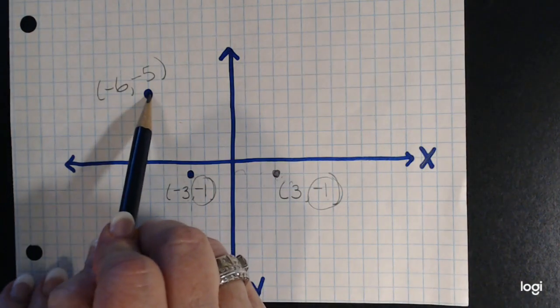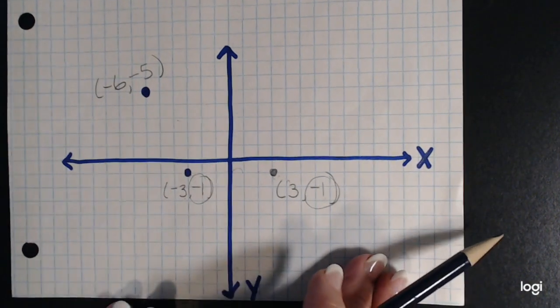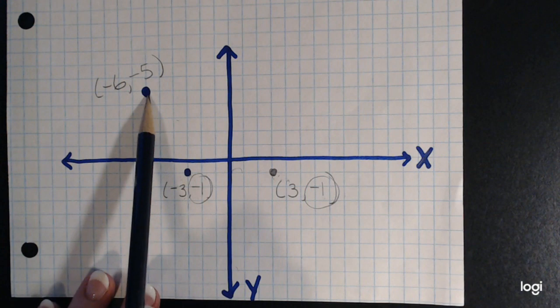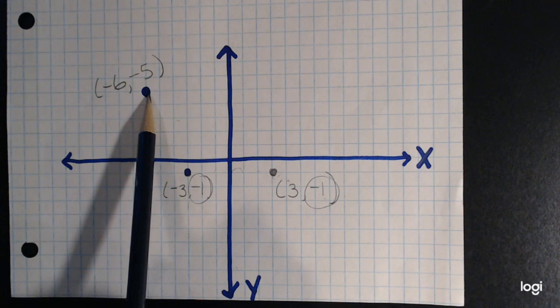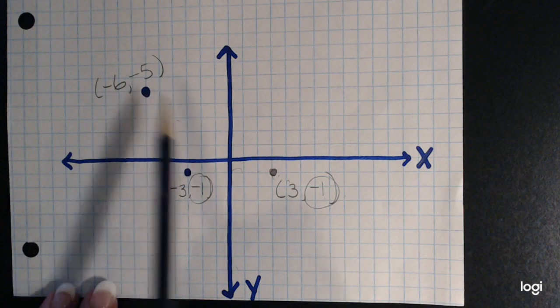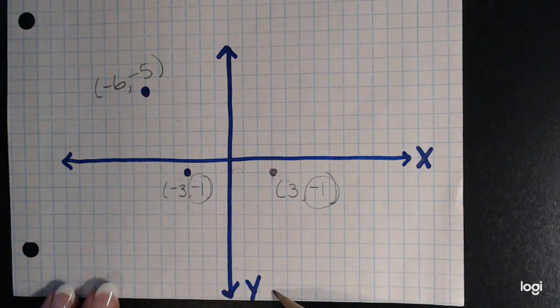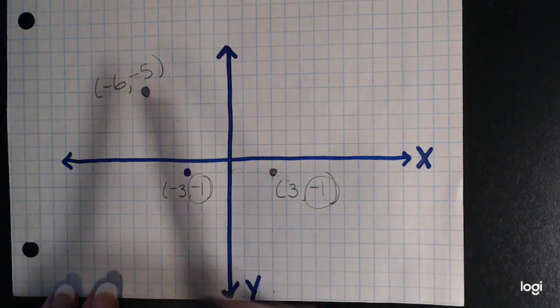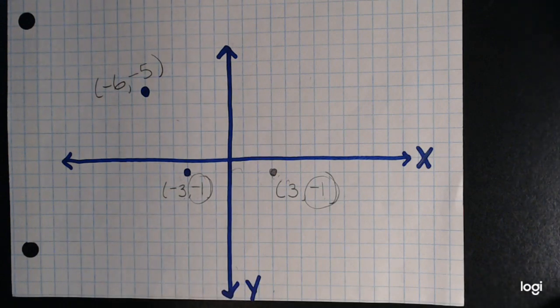I would like for you to tell me what is the ordered pair going to be if I take this point and I'm going to reflect it in the y-axis. That means I'm going to reflect it over the y. Here's the y. Could you tell me what the ordered pair is going to be?